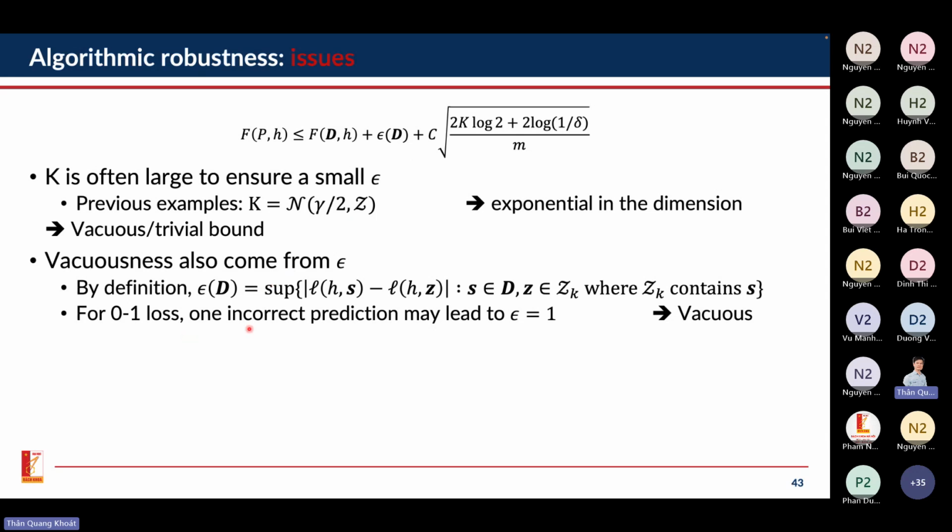In the case where the model only had one incorrect prediction, this bound will be useless because this number would be very large in that case. And in practice, we may find some way to analyze some other property of the learners, and then we can make this bound tighter, and then it can help us train the model better.